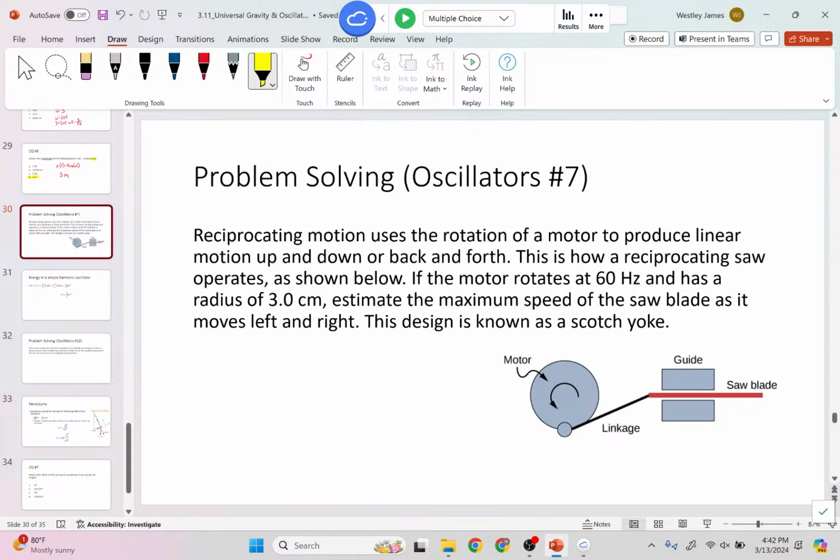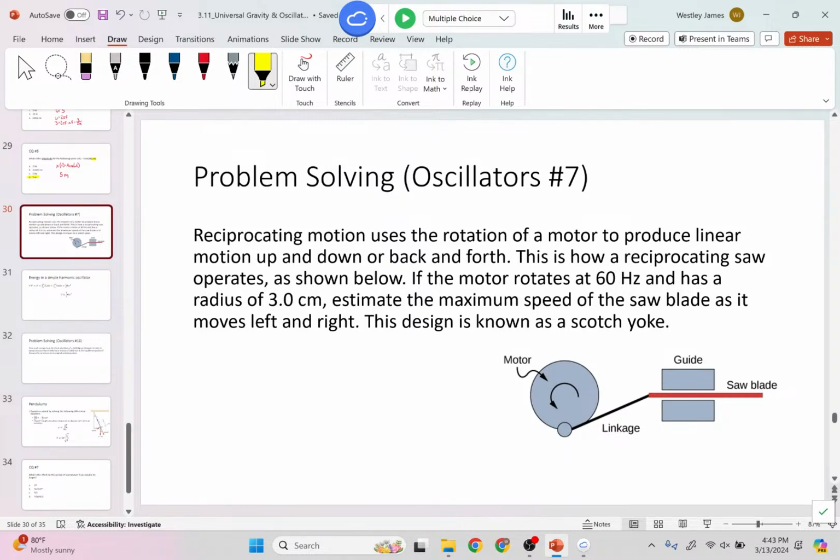Almost every single motor that exists starts with circular motion, but not every useful application is circular. Like in the case of a saw, you don't want your saw, I guess you can spin a saw blade, that's one way. But if you have like a jigsaw, I think that's what those things are called, where the thing goes back and forth. Depending on your function, sometimes you want linear motion.